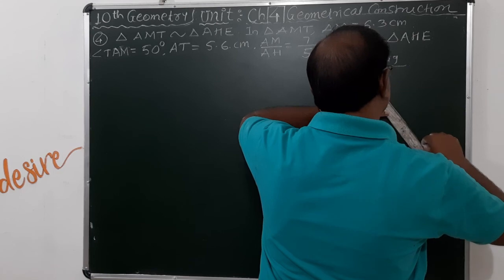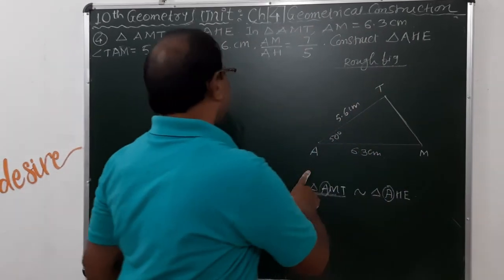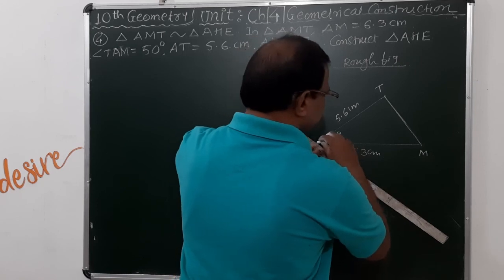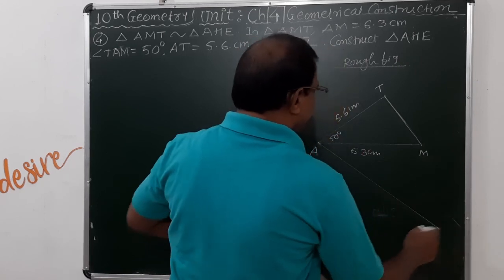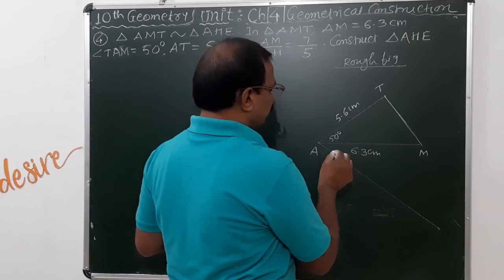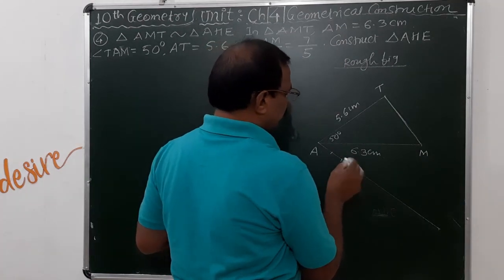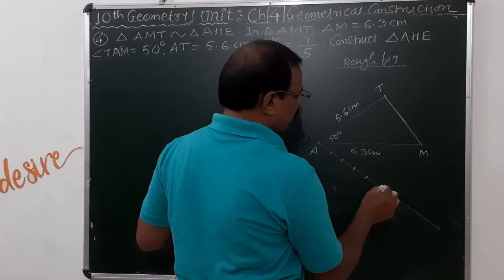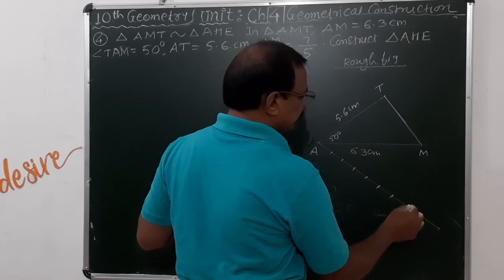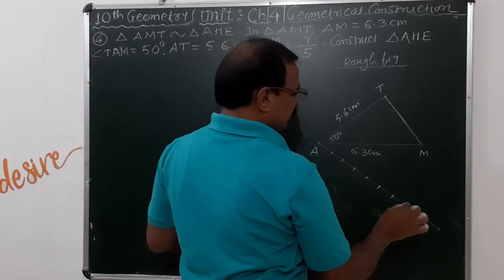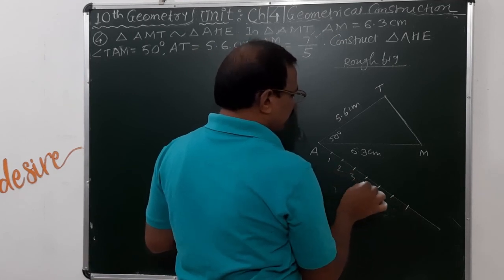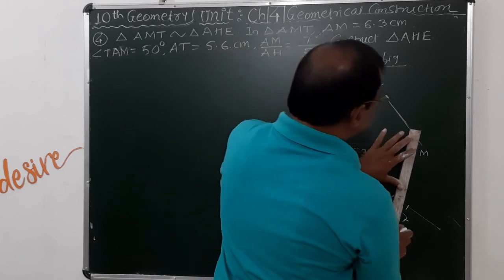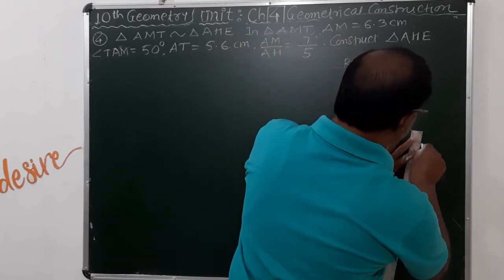So in this way we can draw a triangle AMT. We have to take how many parts? 1, 2, 3, 4, 5, 6, 7 parts. Now just join the 7th part first.